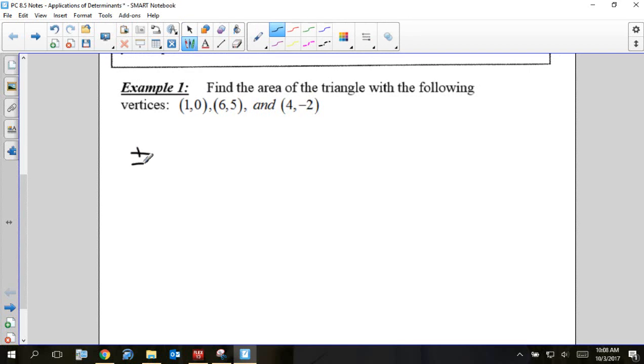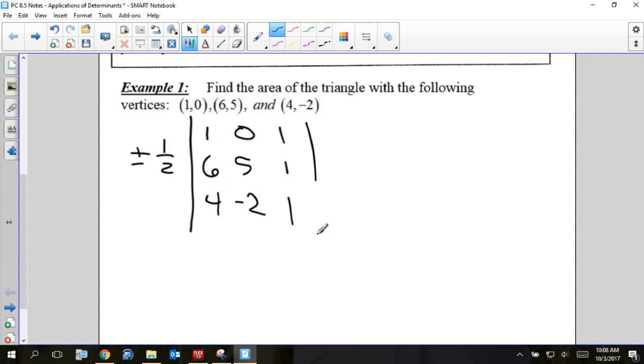So we're going to do plus minus half, determinant, 1, 0, 6, 5, 4, negative 2, 1, 1, 1. And then how do we do the determinant? Move those columns over, right?